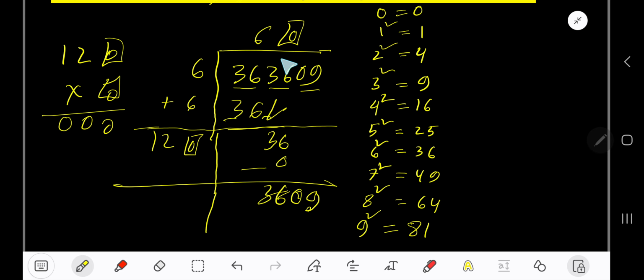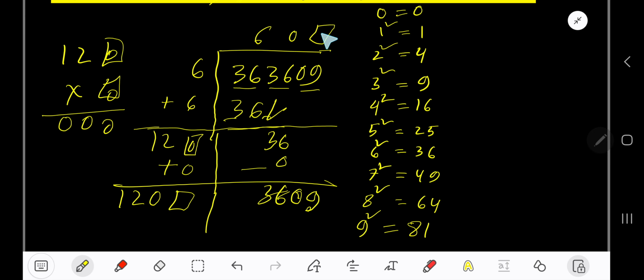Look, you have placed the digit 0, so the same digit will come under this divisor and you need to add. So if you add, you are getting 120. Now you need to consider another digit here. Okay.